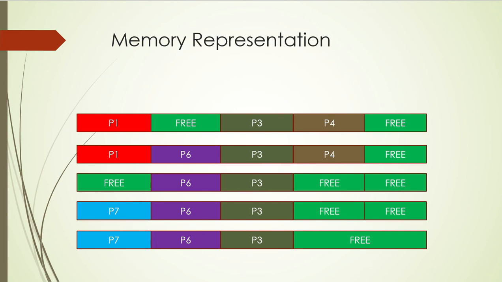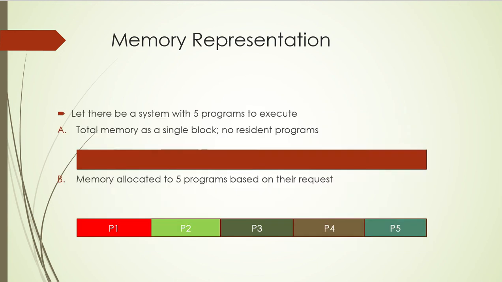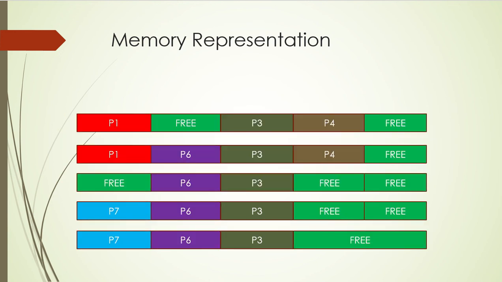After some point, P2 has stopped execution and has deallocated. Both P2 and P5 have deallocated. So you can see that P1, P3 and P4 are still holding memory, which means the memory space allocated for P2 and for P5 is now free.